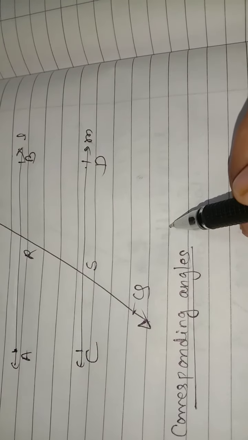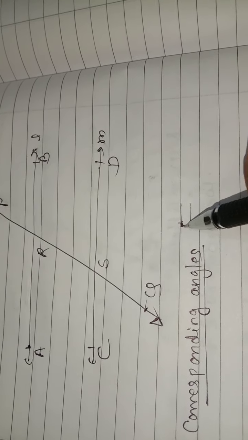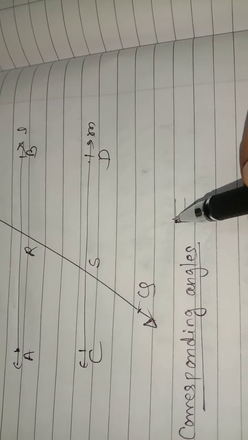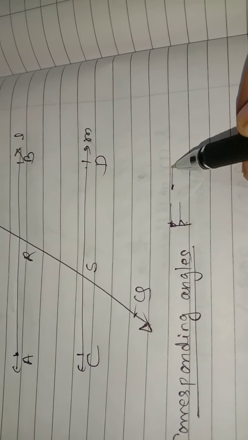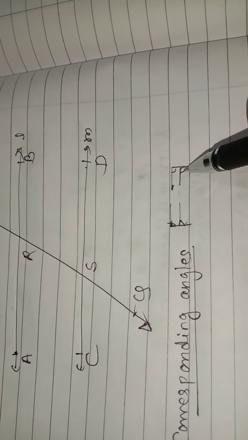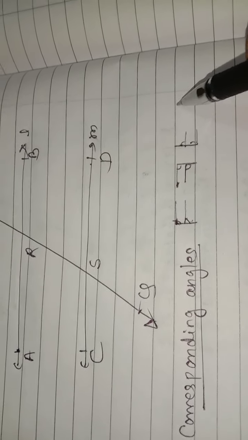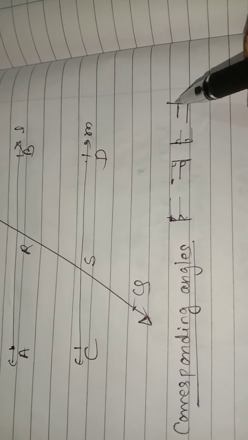Suppose these two lines are parallel and intersected by a third one. So F-type angles are formed, either lateral or on the same shape or like this way. So this is the corresponding angle. So what are the corresponding angles here?